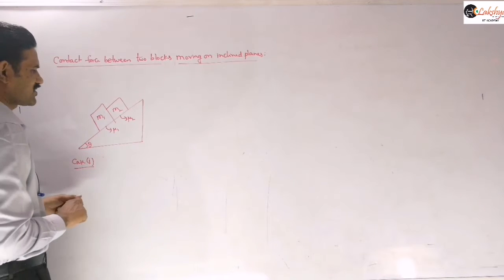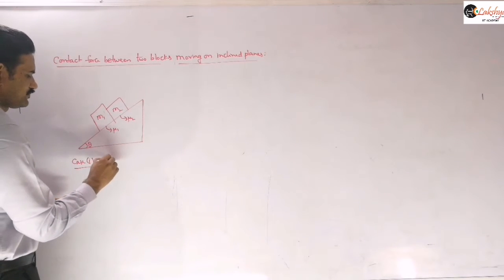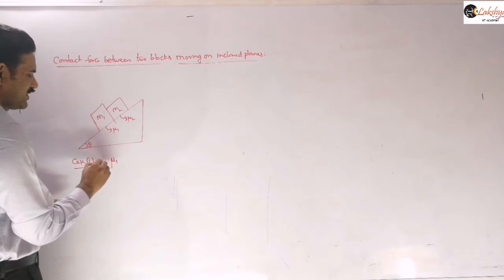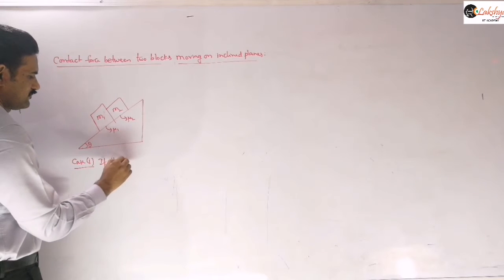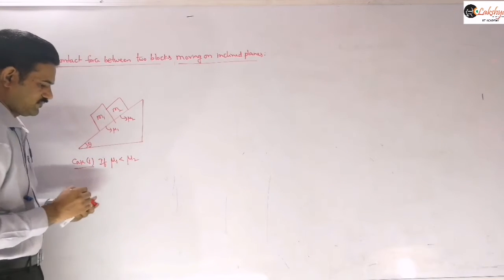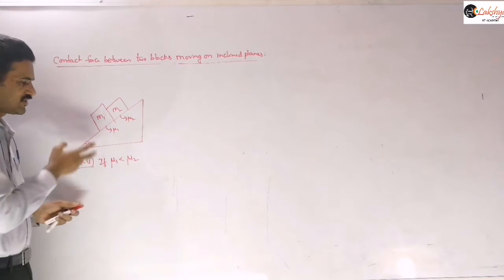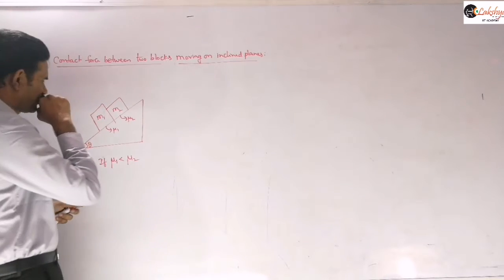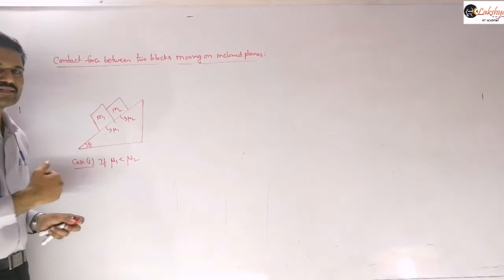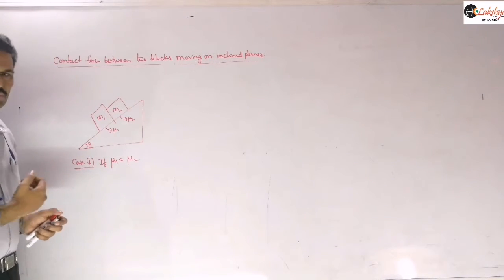Now the first case I am taking here is if mu1 is less than mu2. That means the coefficient of friction for M1 is less than that of M2, right?